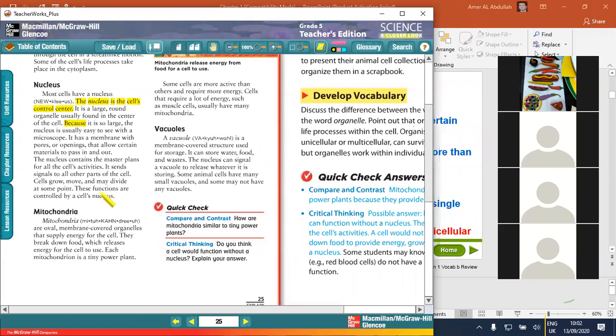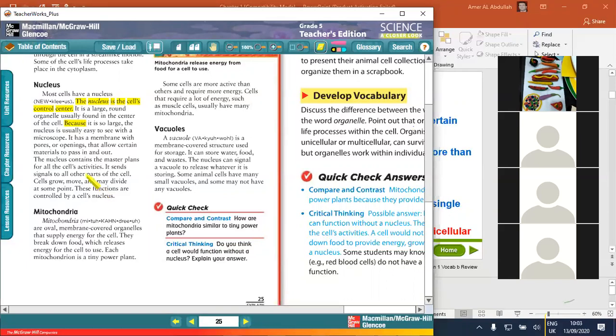It has a membrane with pores, or openings, that allow certain materials to pass in and out. The nucleus contains the master plans for all the cell activities.